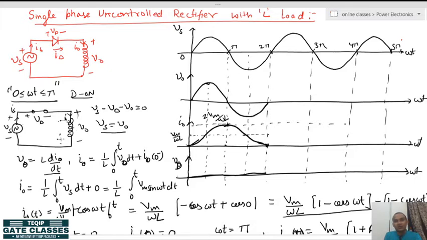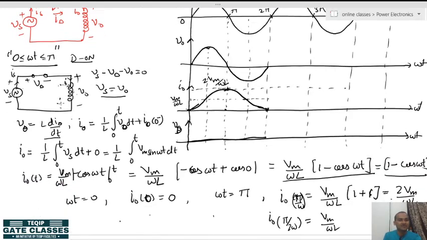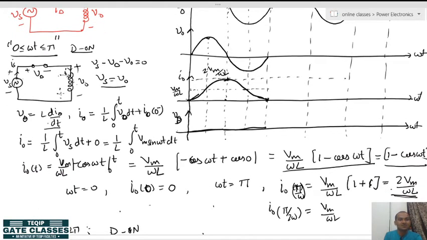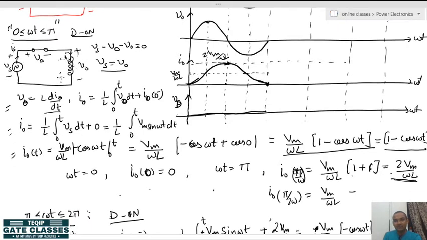And again at the 2 pi instant, for 2 pi to 3 pi, the diode is again forward biased, which means the inductor will start charging again. Then the same equations are applicable, because the initial condition at 2 pi is 0, and you will get the same waveform.